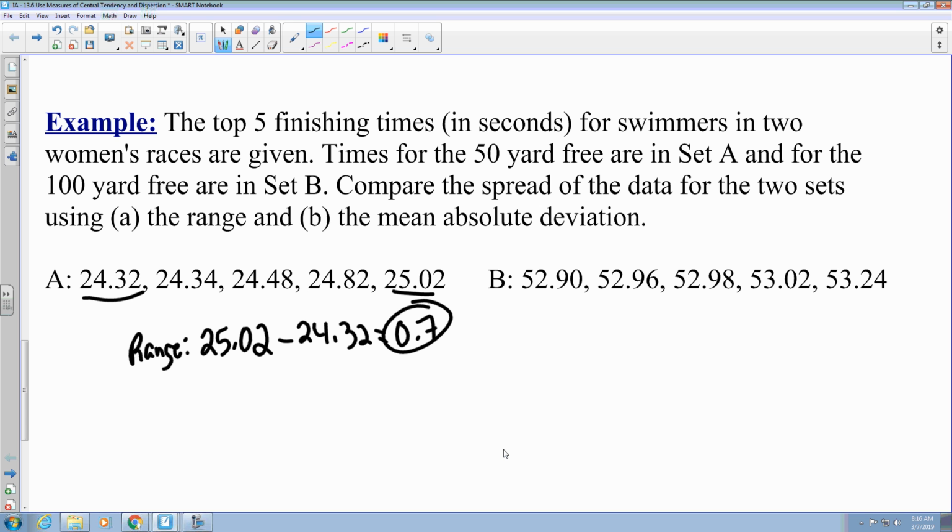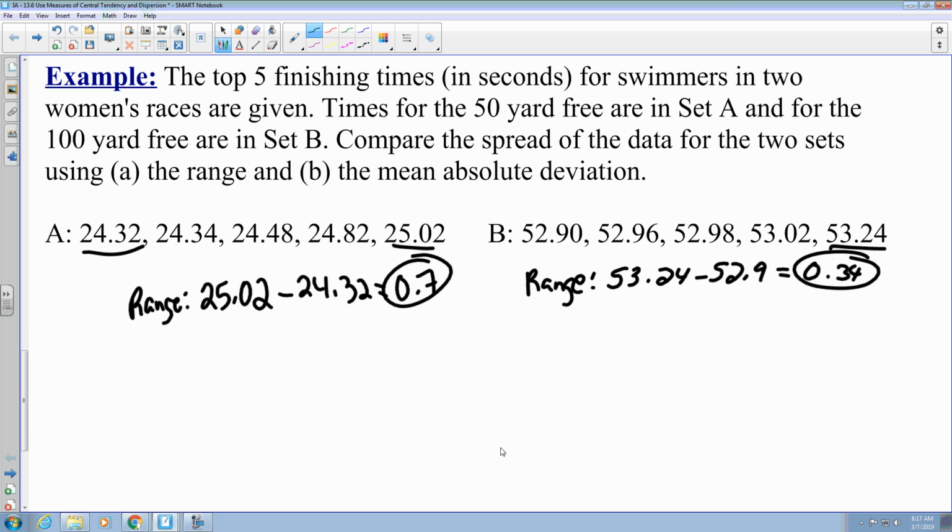So my range is 0.7 in set A. Let's look at set B's range: 52.9, 52.96, 52.98, 53.02, 53.24. The largest value, 53.24, subtracted by 52.9, the difference is 0.34. So that's the range in set B.